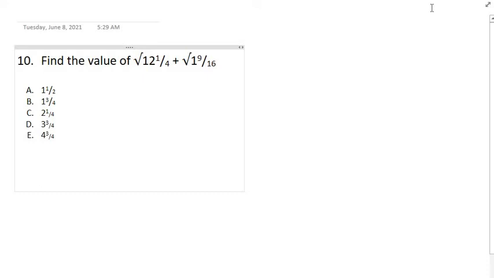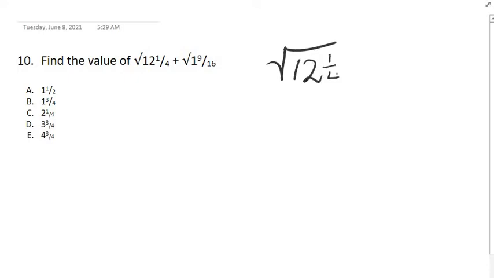Okay, now let's find the square root. Root 12 whole number 1 over 4 plus root 1 whole number 9 over 16. The first thing we need to do is to convert everything here to improper fraction. So 12 times 4 is 48 plus 1, 49.